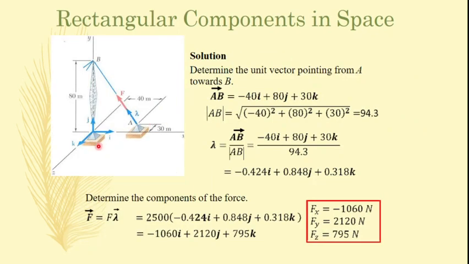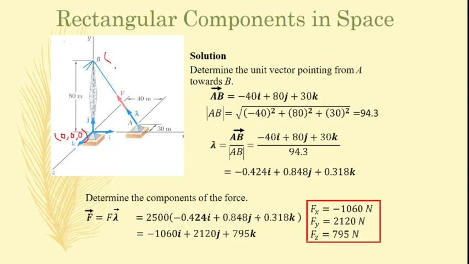Now if we consider this point as the origin, suppose we write the coordinate here: for this point it is 0, 0, 0. Then for point B, what is the coordinate?